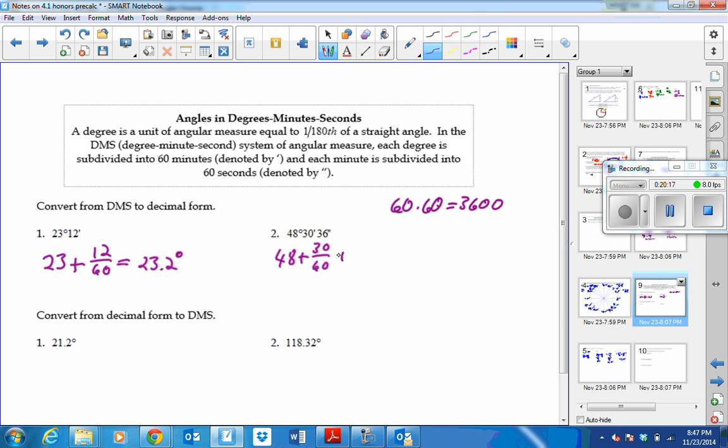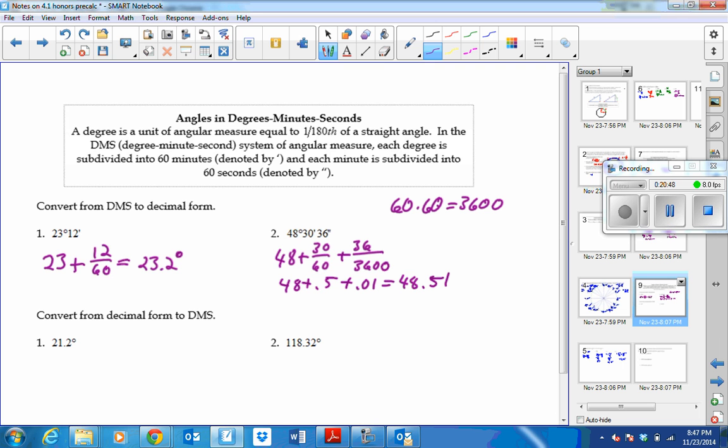So this is plus 36 over 3,600. When I convert these to decimals, we have 48 plus 0.5, and then 36 divided by 3,600 is 1/100th, and so this would give us 48.51 degrees.